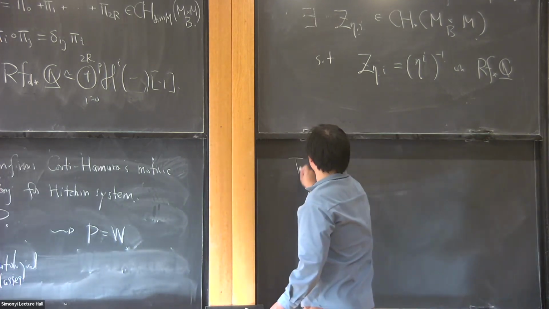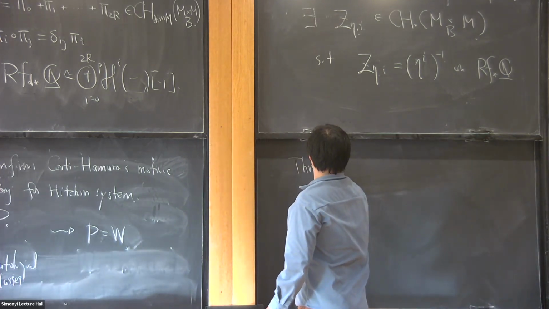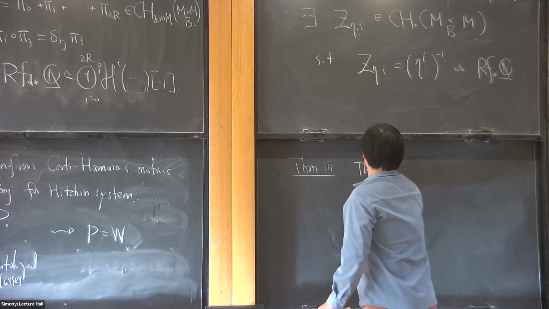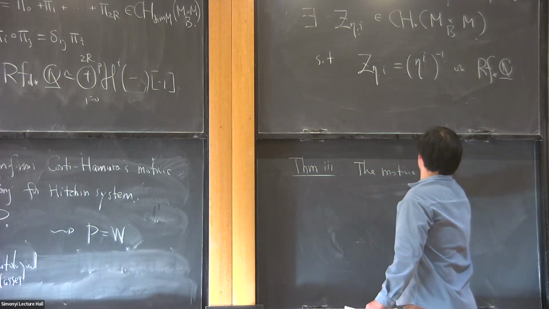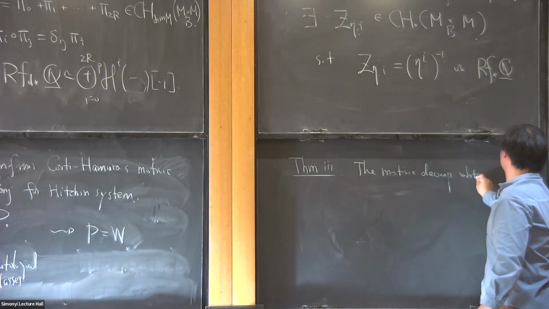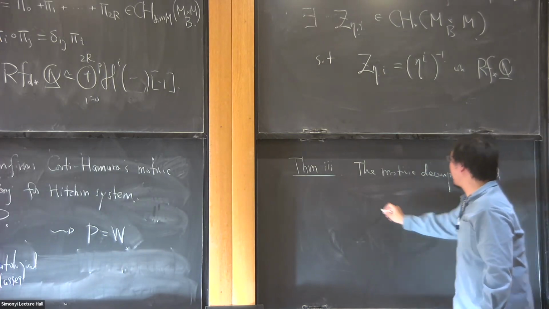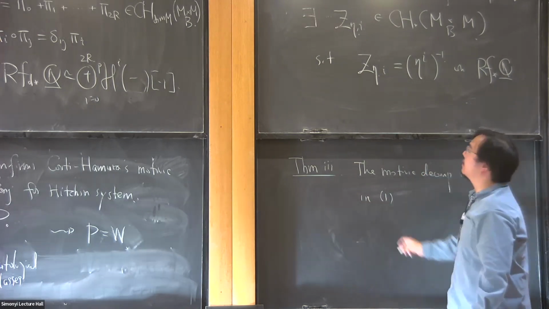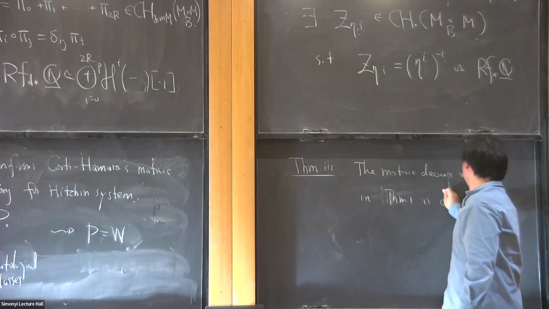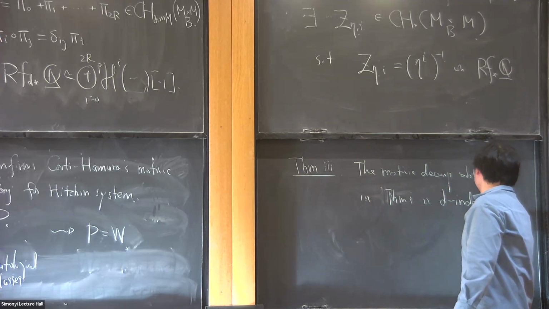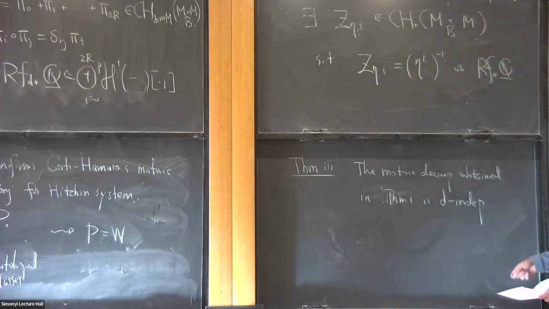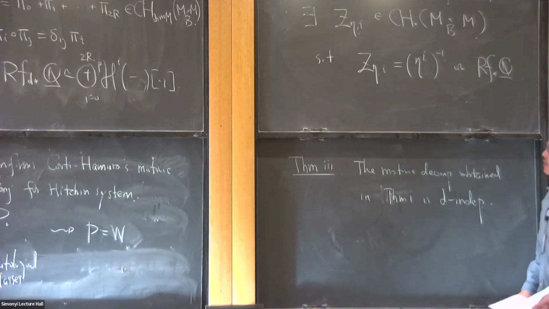The theorem says that the motivic decomposition obtained in Theorem 1 is D-independent. Although the geometry of the fibrations is very different, the motives you construct from it are D-independent.